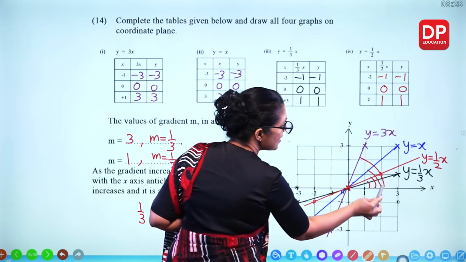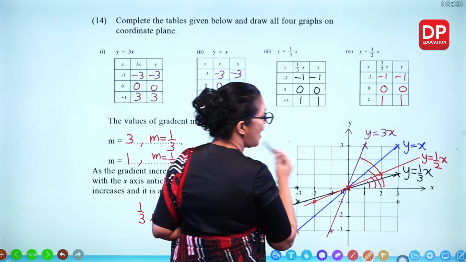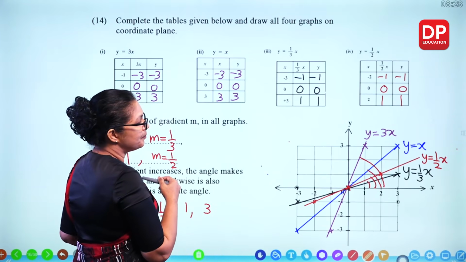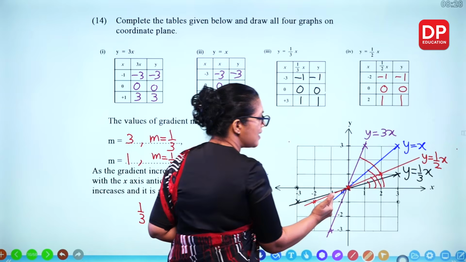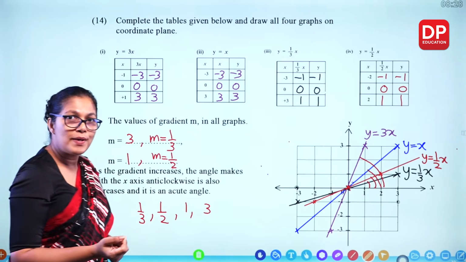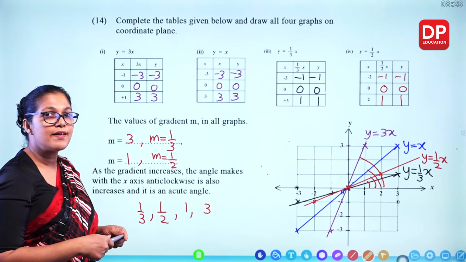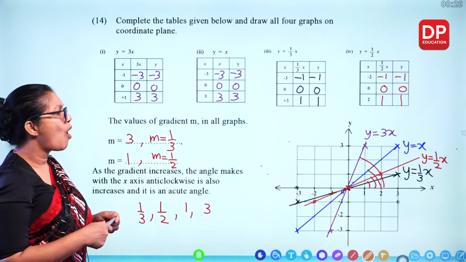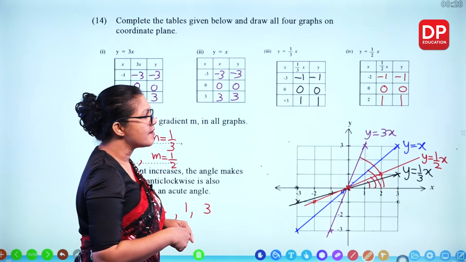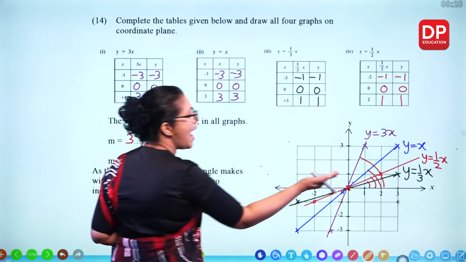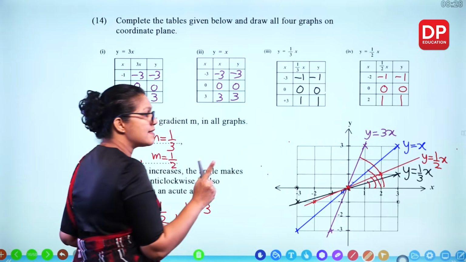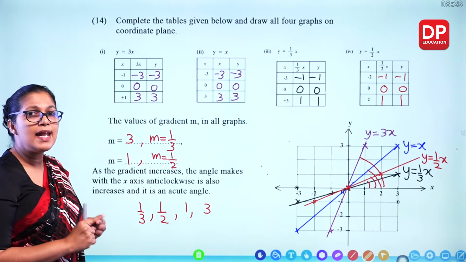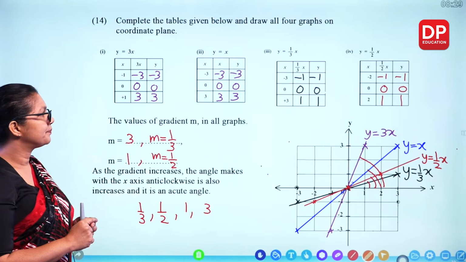So always you get an acute angle here. So steepness is increasing. When the slope or gradient increases, the steepness of the straight line increases. That means the angle with the positive x-axis also increases, and it is an acute angle.